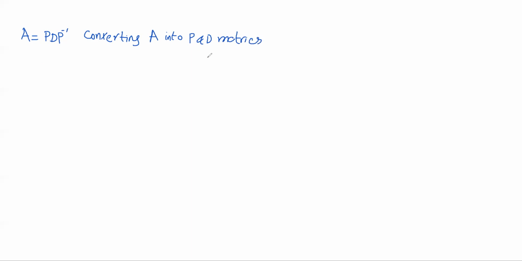P inverse is of course dependent on P. So converting A into P and D matrices is called diagonalization. It's a kind of factorization, but its proper name is diagonalization.